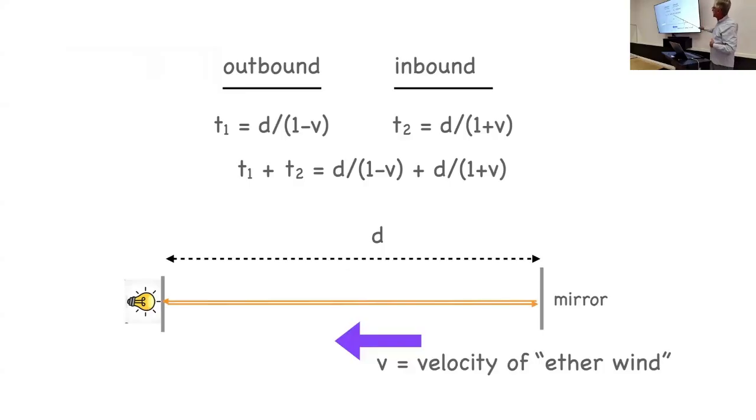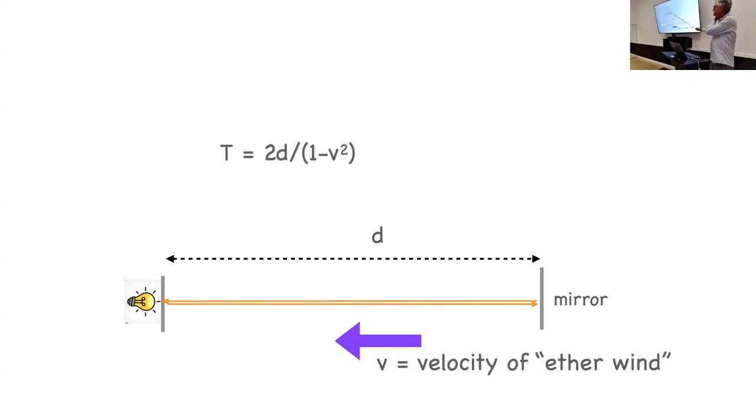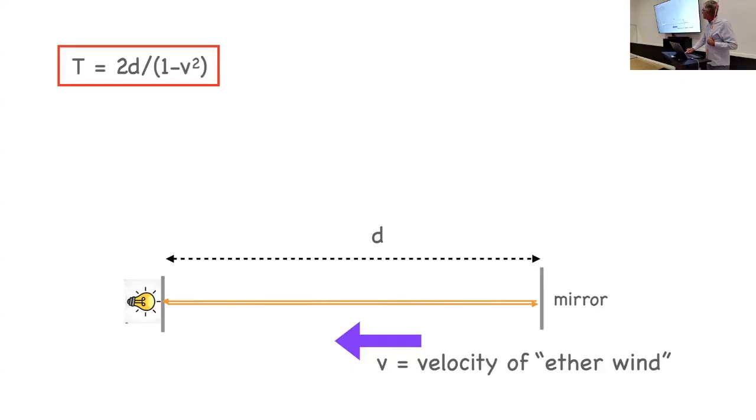That's the numerator. The denominator is 1 minus v times 1 plus v. And the terms that have a v in them cancel out. And you get 1 minus v squared in the denominator. That's a fair question. We will see v squared from time to time.